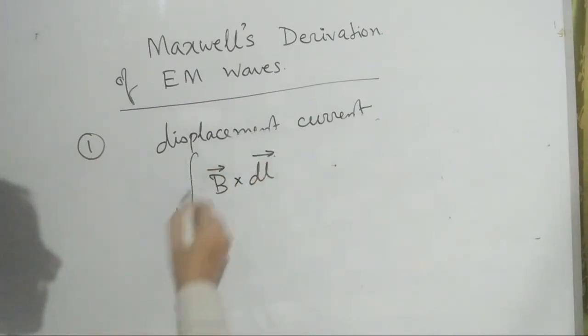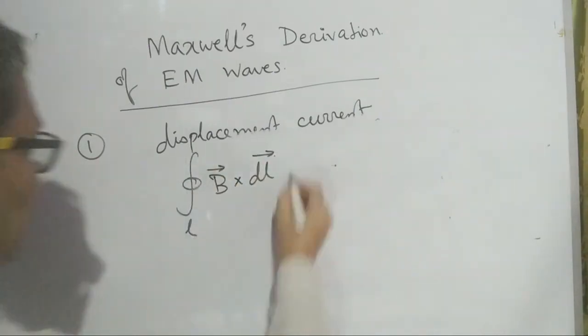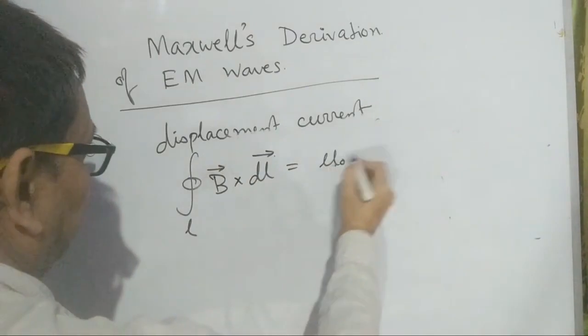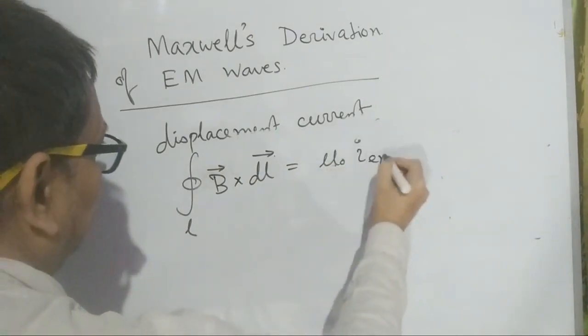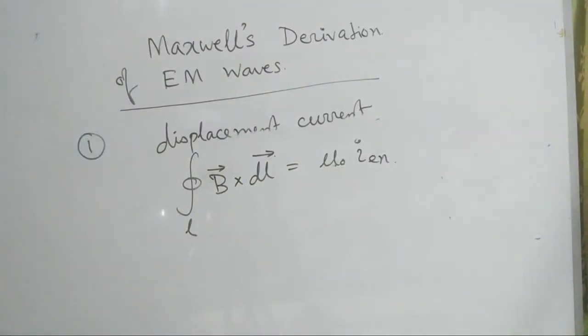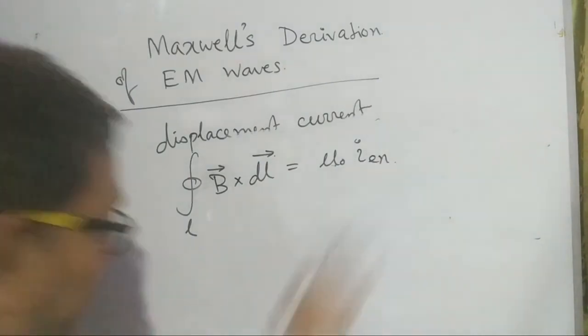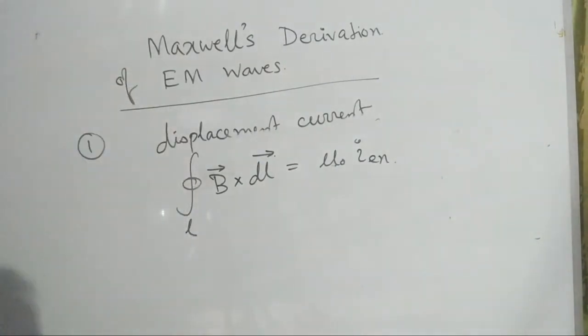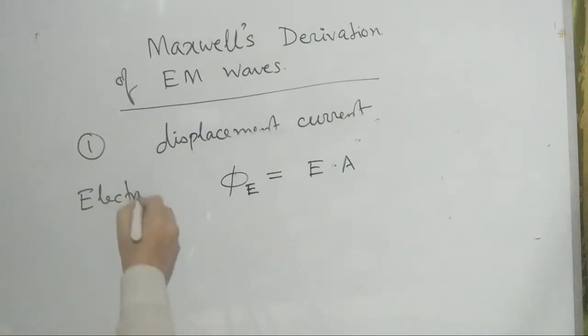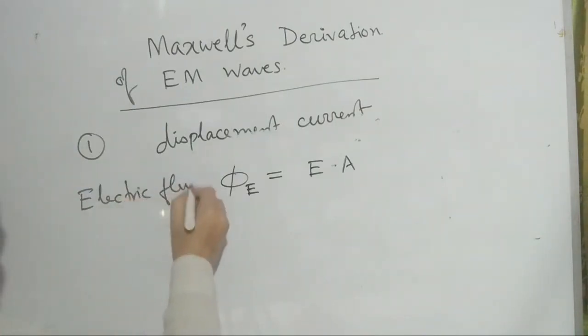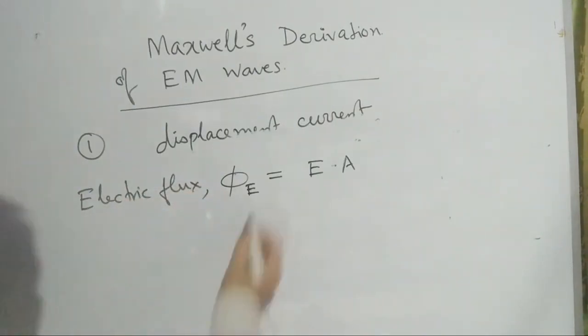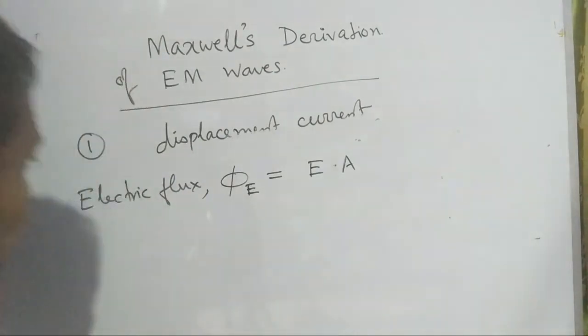Taking the line integral of B into dl, that is equal to mu naught into current enclosed. This is Ampere's circuital law. The electric flux is equal to electric field into area.